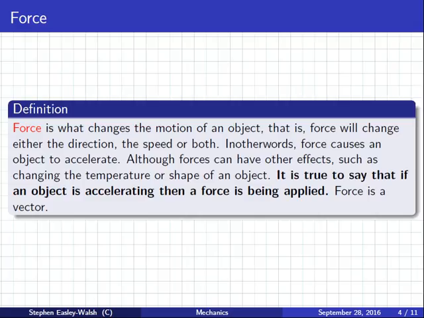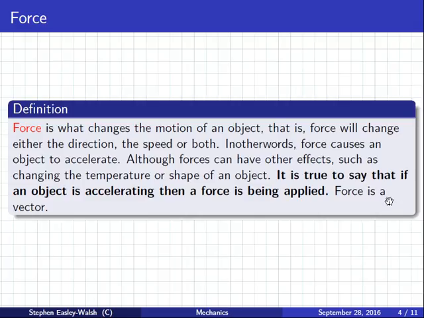So you don't need this entire block of text. Try to write down what's most useful to you. The first sentence would be enough for an exam definition, but you might want to make some other notes as well. I'll give you a minute to make some notes here. I think it's also worth saying the first sentence and the last sentence. Force is a vector.